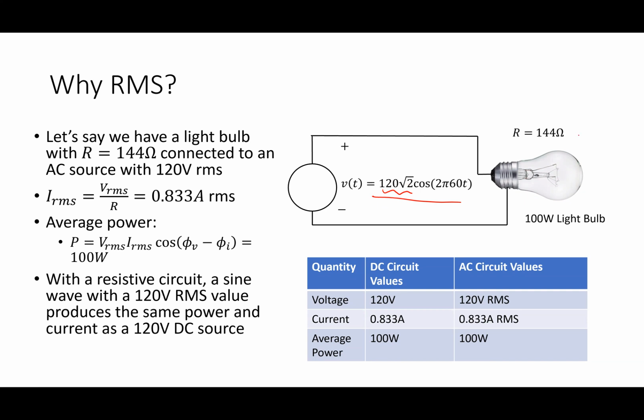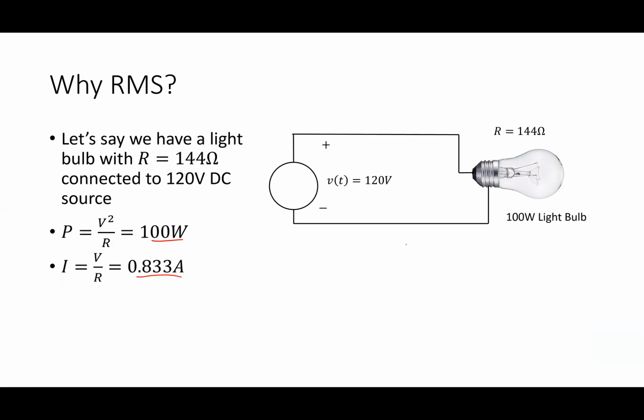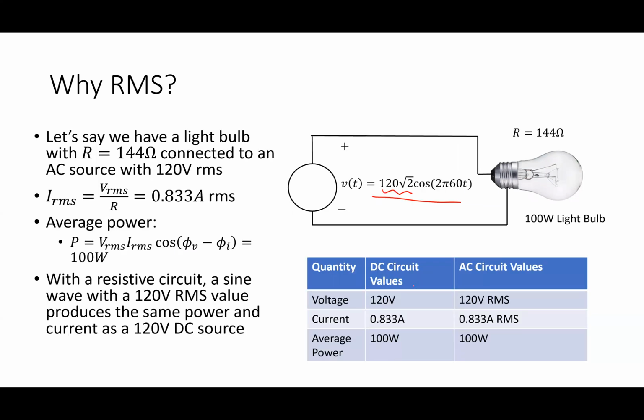So if I look at the DC version of this circuit, 120 volts, 144 ohms, I get 120 volts, 0.833 amps continuous, 100 watts continuous. If you look at the AC circuit, 120 volts RMS, 0.833 amps RMS, 100 watts average power.